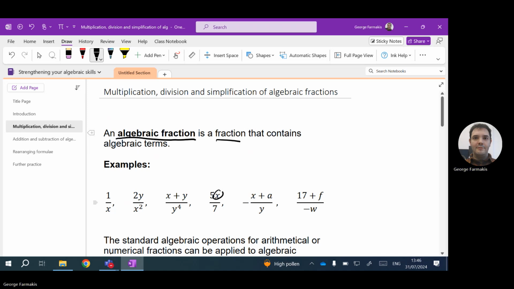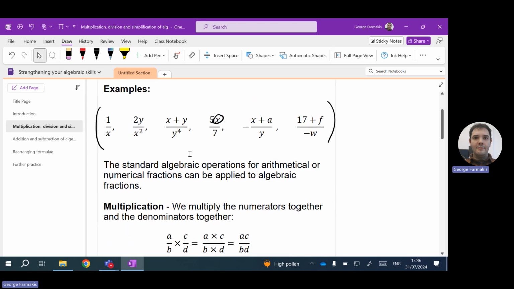We have the term x here. Minus x plus a over y is an algebraic fraction. 17 plus f over minus w is an algebraic fraction. x plus y over y to the 4 is an algebraic fraction. So these are examples of fractions that contain algebraic terms.